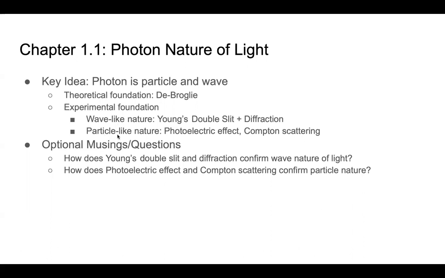The particle-like nature has experimental foundations in the photoelectric effect and Compton scattering. If light were a wave, it wouldn't be able to kick out electrons from metal, and it wouldn't be able to scatter.